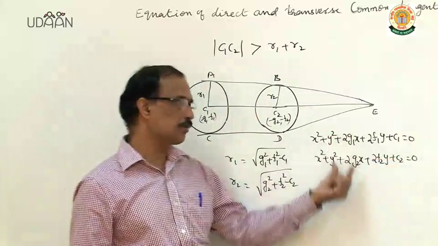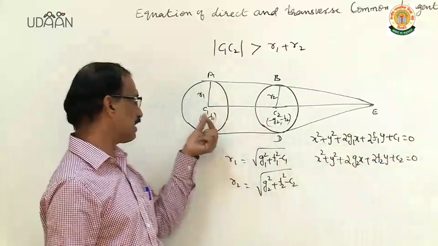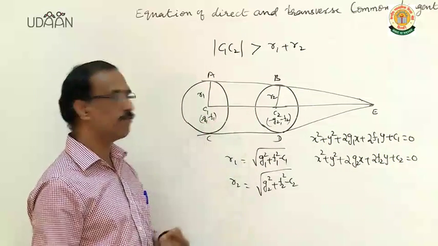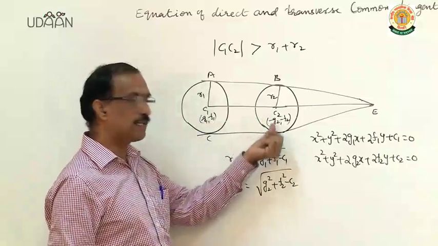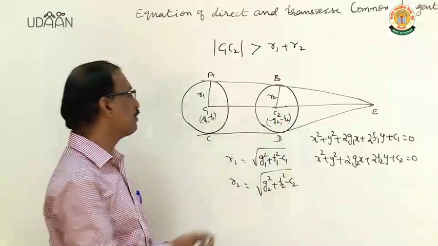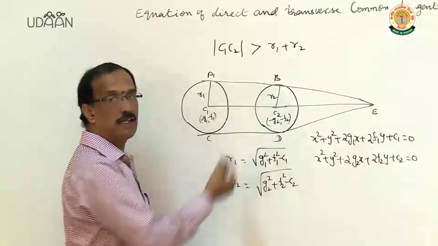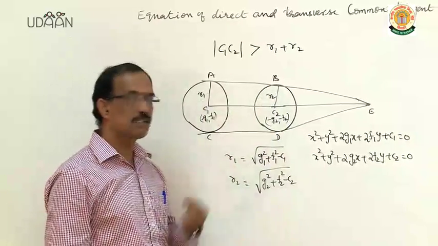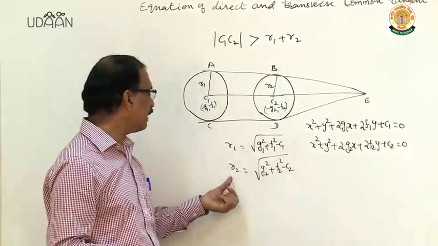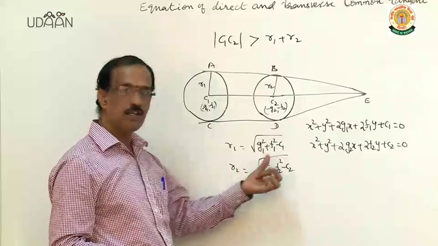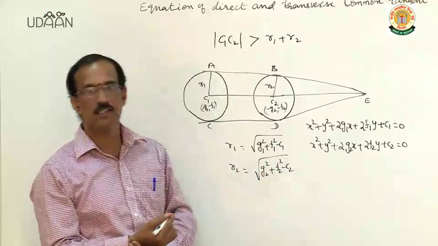So, these are the two circles, this one its center minus g1 minus f1 and its center minus g2 minus f2, and its radius r1 and r2. We get r1 is root of g1 square plus f1 square minus c1, and r2 is root of g2 square plus f2 square minus c2.